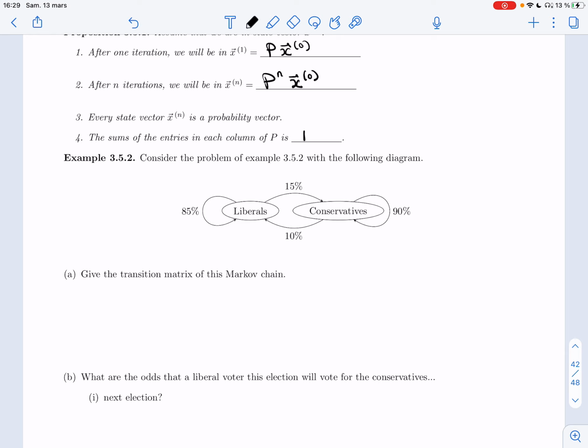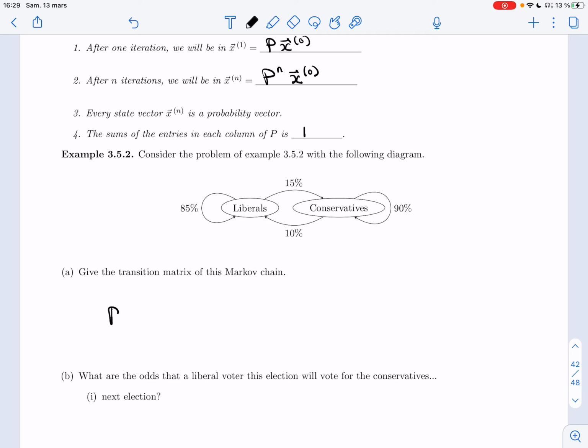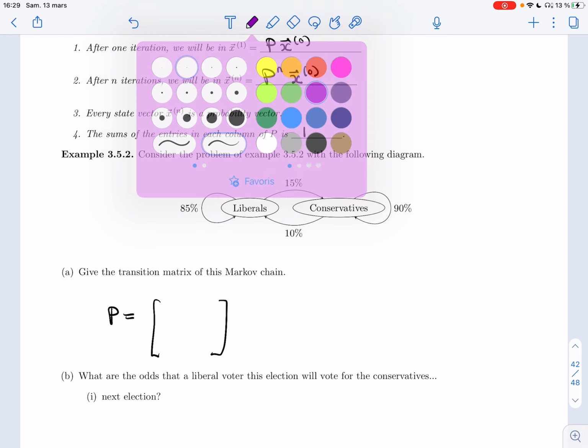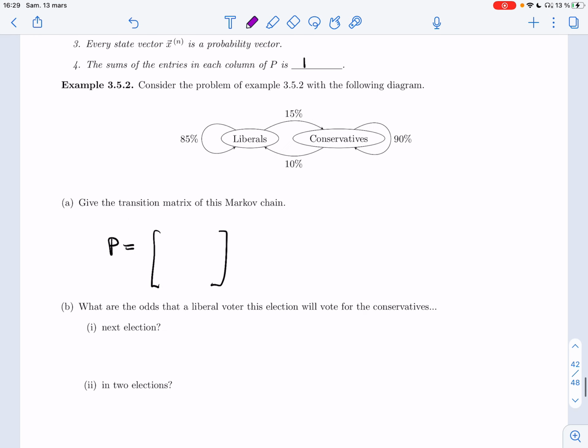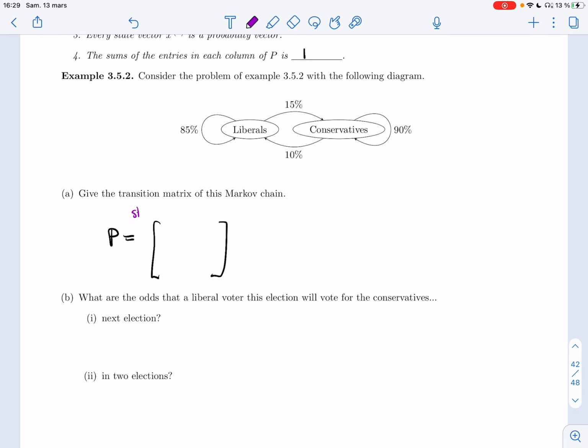So we have two states, and so P is going to be a 2 by 2. The columns determine the starting state, so this is the start. We could start liberal or we could start conservative. And then the row is going to tell us where we end.